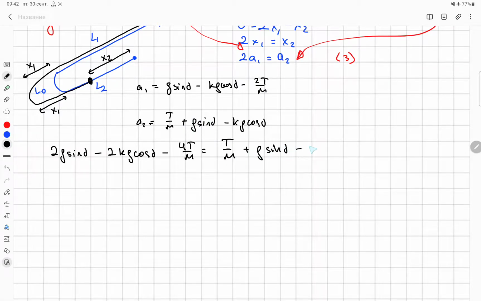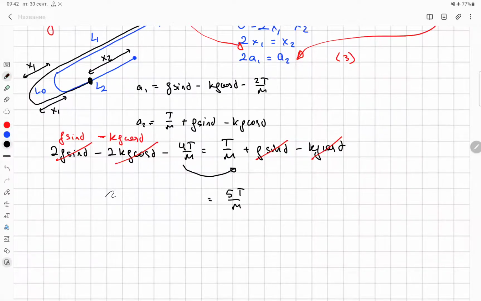g sine alpha plus kg cosine alpha. Let me bring 4T over m to the left side, so we will have 5T over m. Here 2g sine alpha, g sine alpha, here we will have only g sine alpha. And 2kg cosine, kg cosine, here we will have only negative kg cosine alpha.